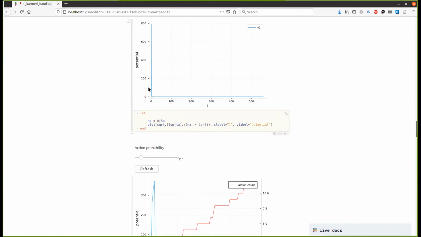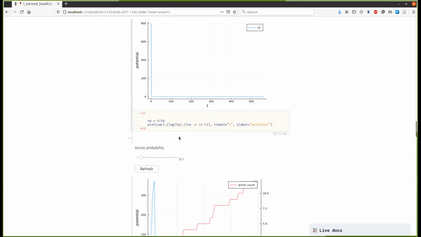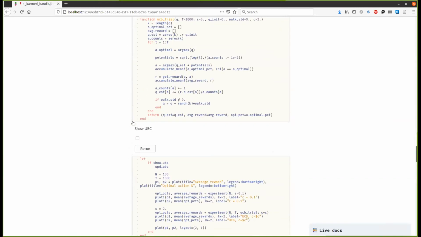So for each action we never took, this additional value is very high, so there's very high value in exploring it. And that's why we had that spike on the graph.